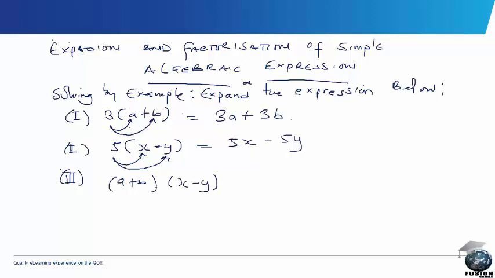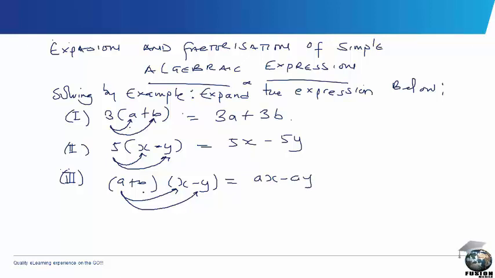How do we go about this? Now look at what happens. First of all, a takes on x, and then a takes on minus y. And so when this happens, you have a taking on x to give you ax, and when a takes on minus y, you have minus ay.